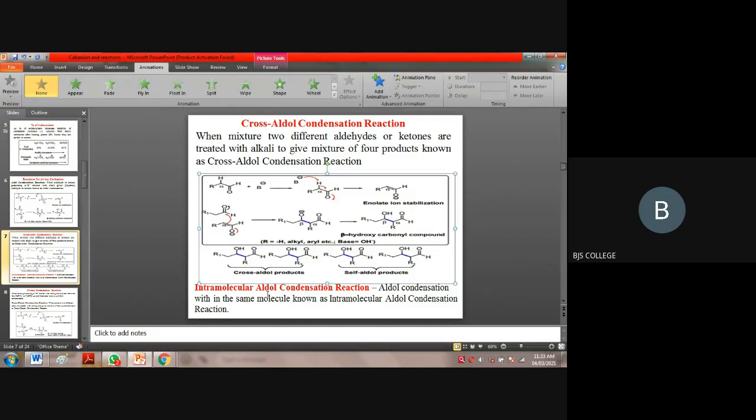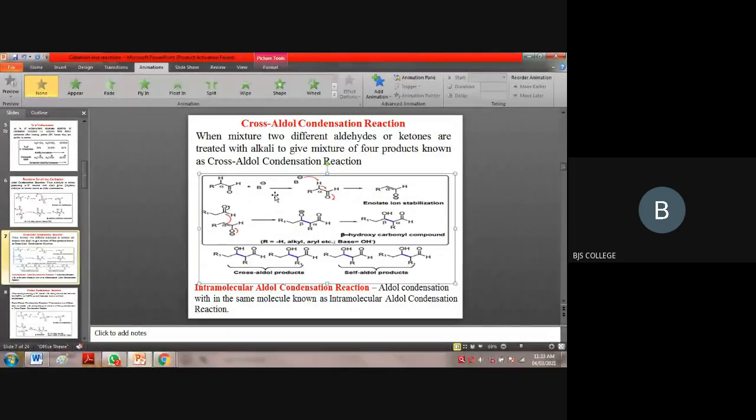There is a third type of reaction called intramolecular aldol condensation, where the same mechanism will be there, that is the formation of carbanion, but the condensation will take place in the same molecule to form a cyclic molecule. So you get a cyclic beta hydroxy aldehyde or cyclic beta hydroxy ketone. Whenever intramolecular aldol condensation takes place, generally a 5-membered or a 6-membered ring compound is formed.